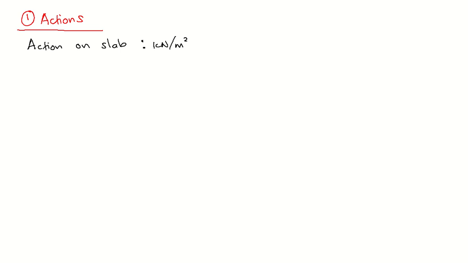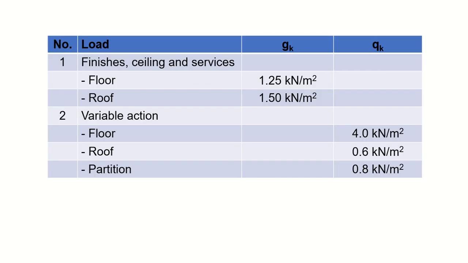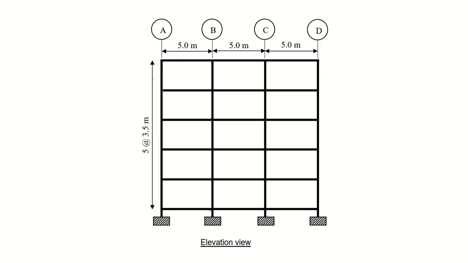So let's look at the roof first. For the roof, given in the table previously, you have finishes, services, and ceiling here. At roof you have 1.5 kilonewton per meter square.